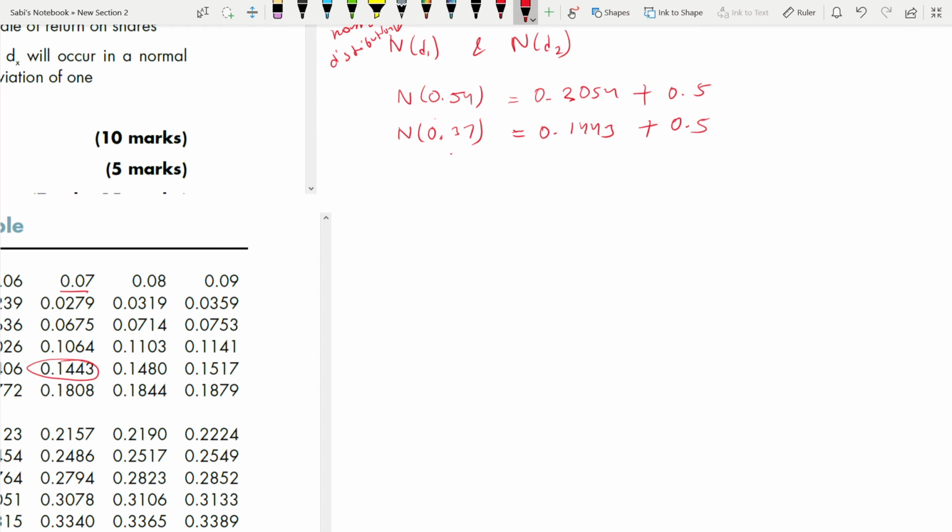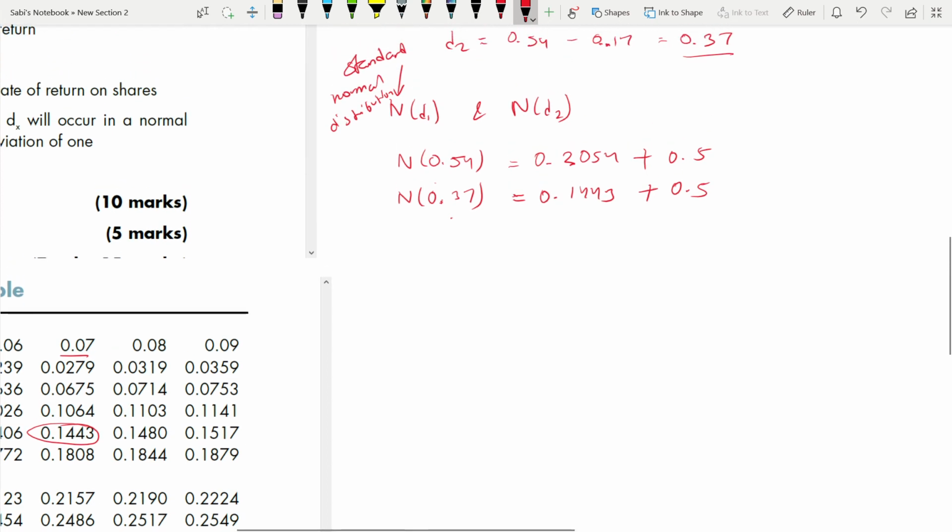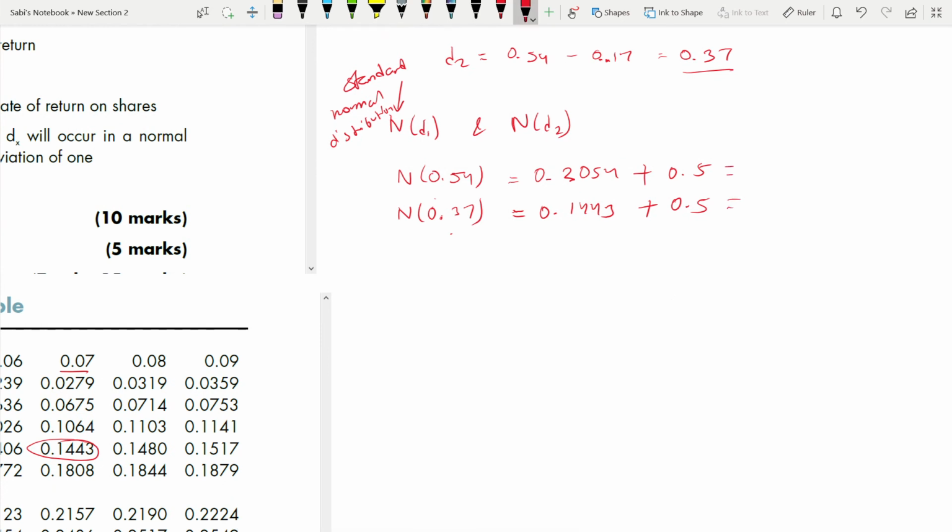If something is more than 0, you have to add 0.5. They are positive numbers, so you have to add 0.5 to both always. If it's a negative number, you have to deduct the number from 0.5. So this will be 0.7054, 0.6443. Sorry, 643, I'm sorry.